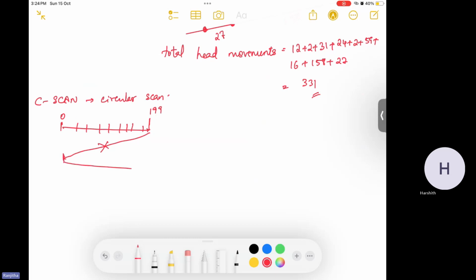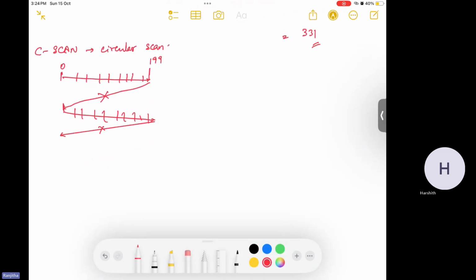Then again, when it moves from 0 to 199, it will serve the requests. Again it comes back to 0, and in the reverse direction no read will be done. Again it goes, doing reads.